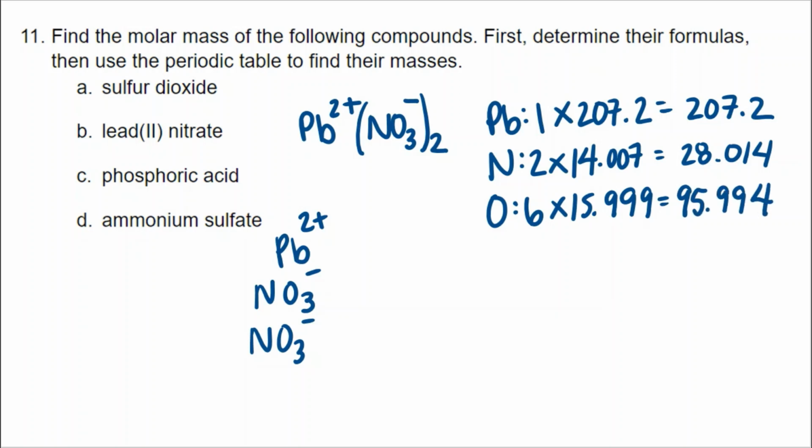Okay, now that we have all of those numbers, we can add them together and we'll get the molar mass for this compound. It's going to be around 331.2, and the units on this are grams per mole.